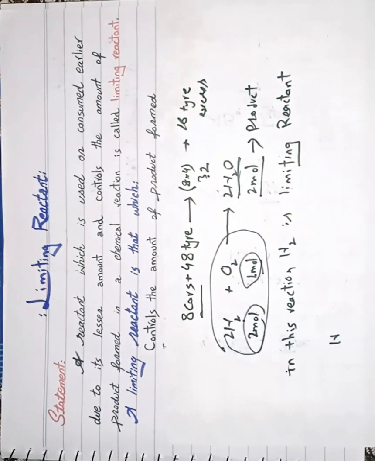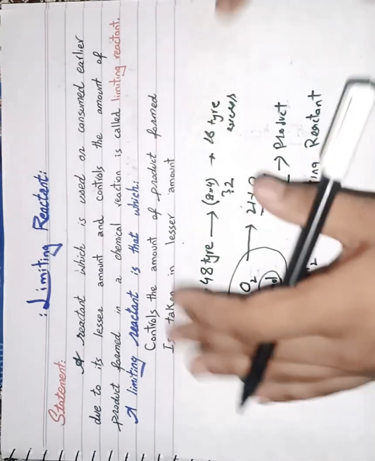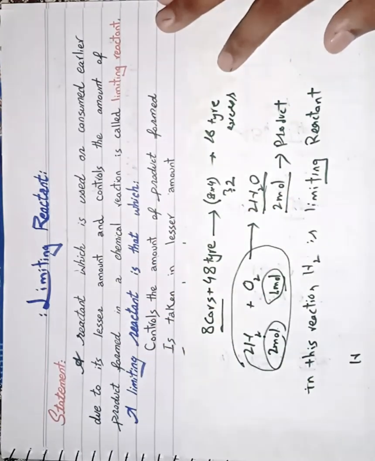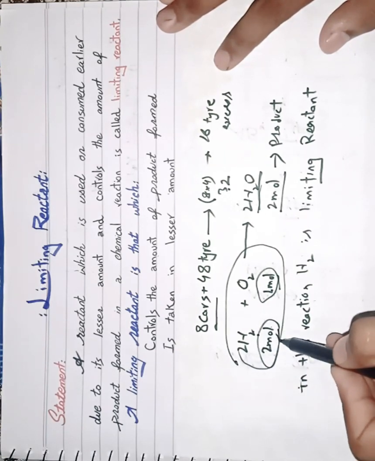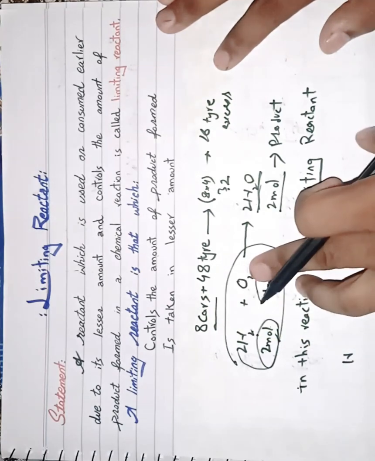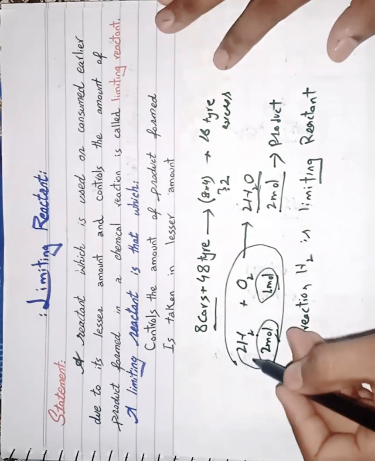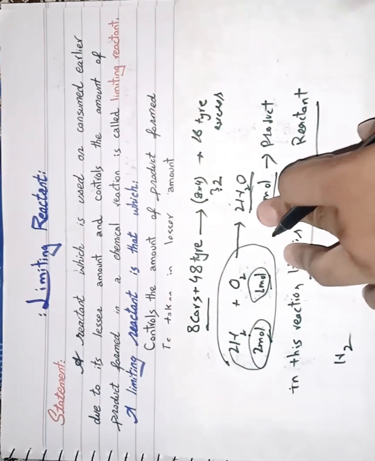Now the main work of a limiting reactant is to find out. As we discuss, 2 mole of hydrogen react with only 1 mole of oxygen, so this H2 is the limiting reactant in this reaction.